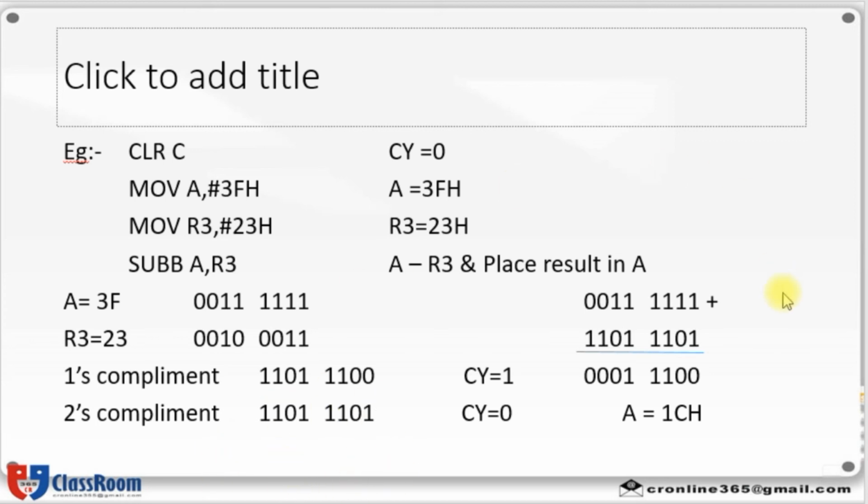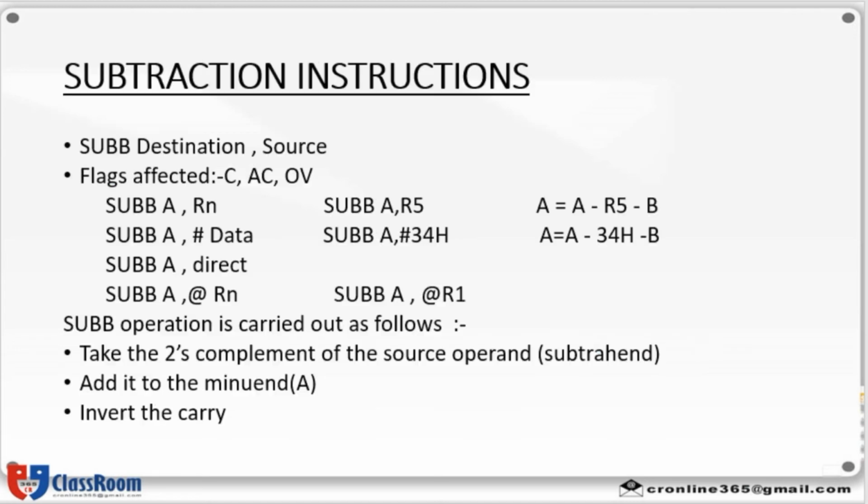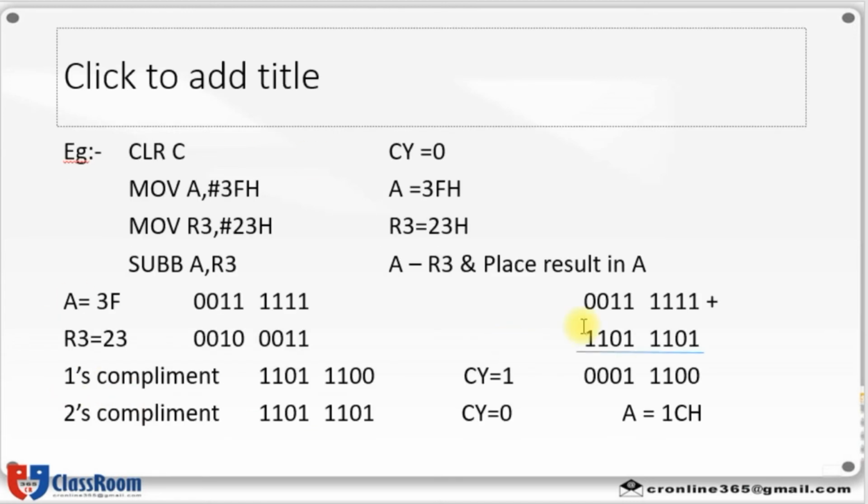So I have to add it to the minuend. That means 3F is added with this 2's complement. Then 1 plus 1 is 1 0, 1 plus 1 is 1 0, and so on. 1 0 plus 1 is 1 1, that 1 is carried over here.